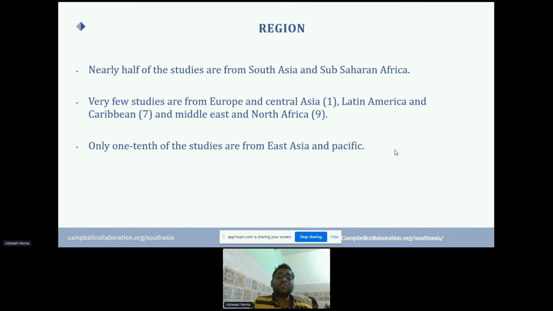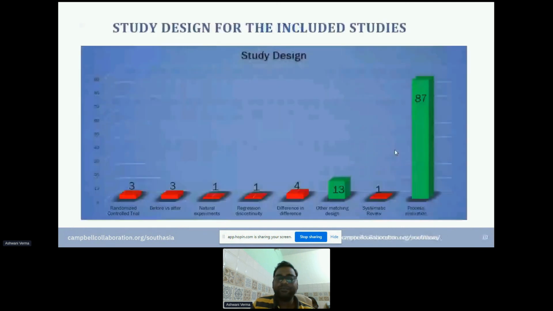Very few studies are from Central Asia, only 1. We have 7 studies from the Caribbean and Latin America, 9 studies from the Middle East and North Africa, and only one-tenth of the studies are from East Asia and the Pacific.